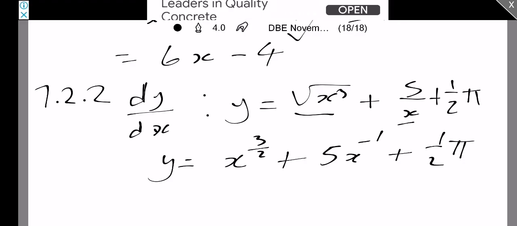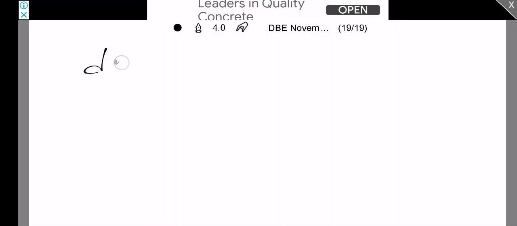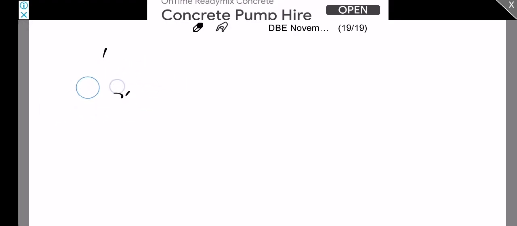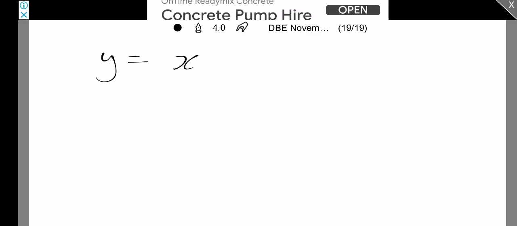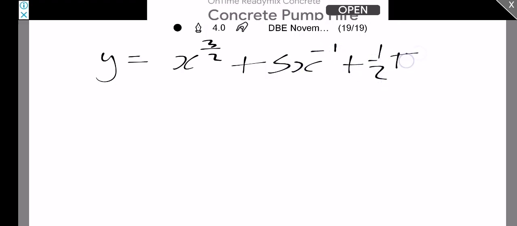Now it's then that we can take the derivative. I'm going to go to the next page. Let me just write it here so that we have it on this page. y equals x to the power 3 over 2, plus 5x to the power negative 1, plus half pi.